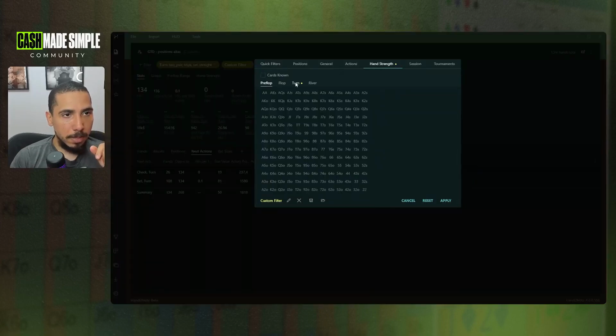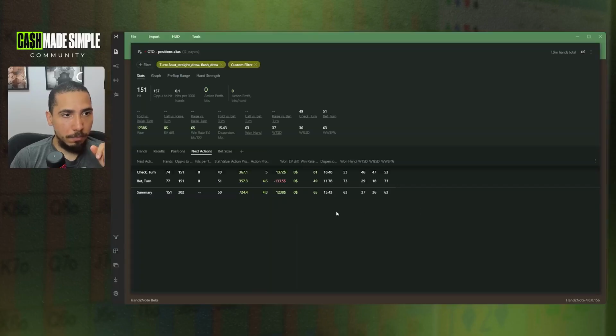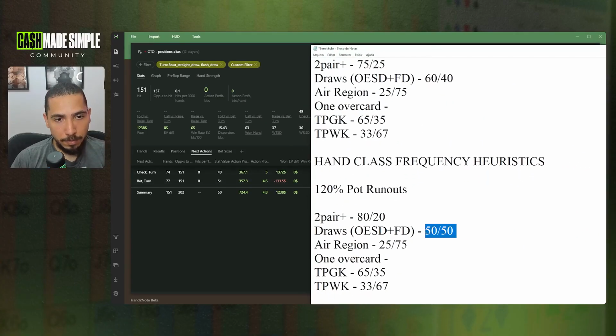Let's take a look at the draws region, the region of draws, open-enders, and flush draws. 50-50 split. Very similar to before. Before we had 60-40, now we have 50-50. The sample is not the largest one, so we're going to have some variance here.